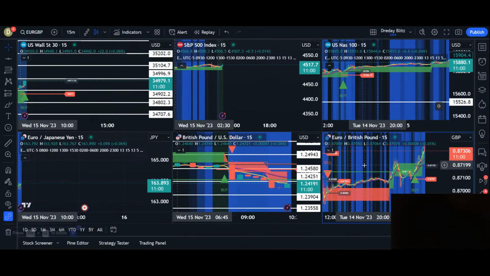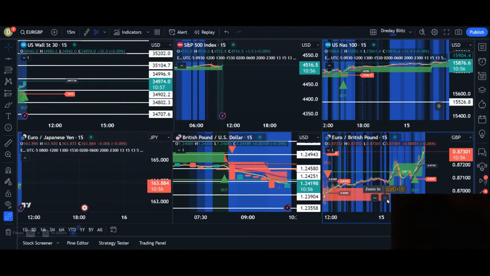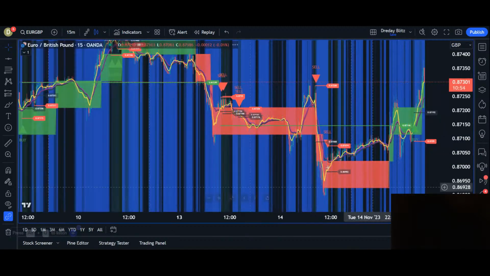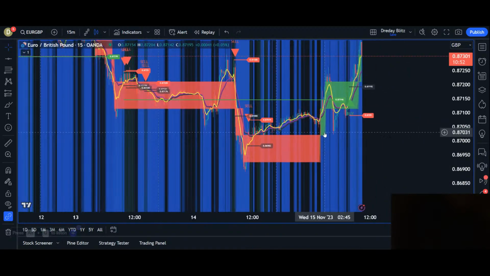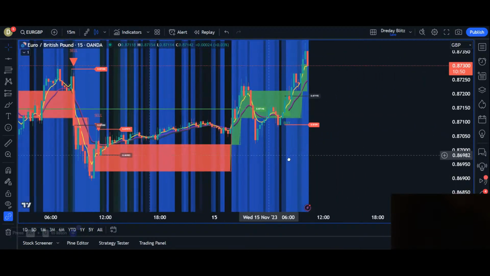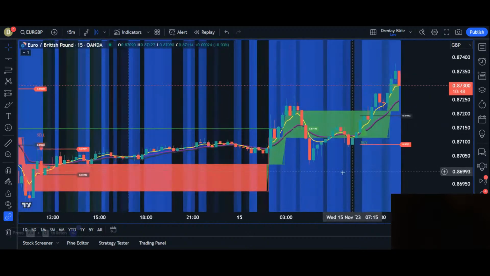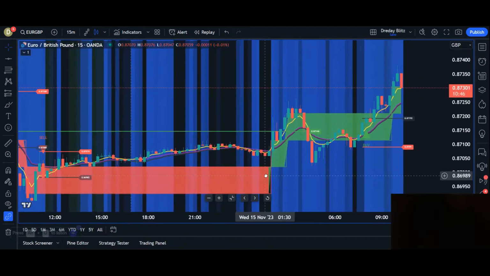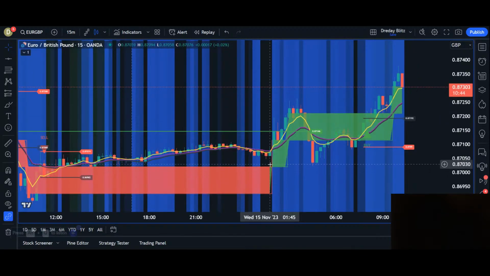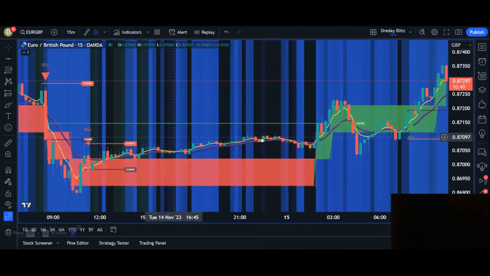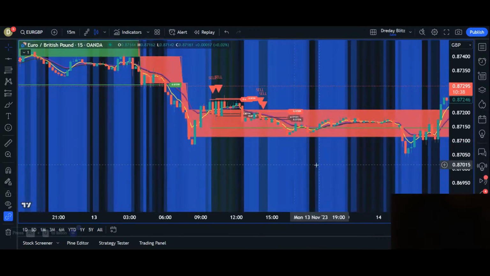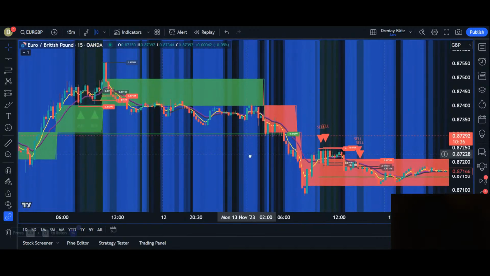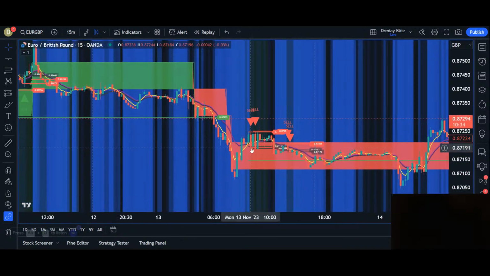So Euro JPY, let's look at Euro JPY since yesterday. What happened? So yesterday on the live, we had a switch in the direction right here. When was that? Not yesterday, that was Tuesday.